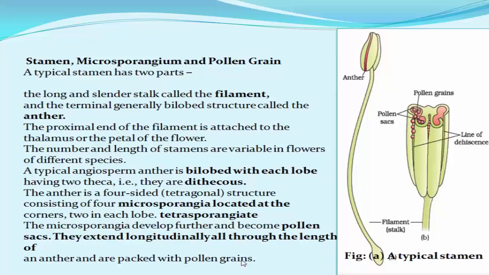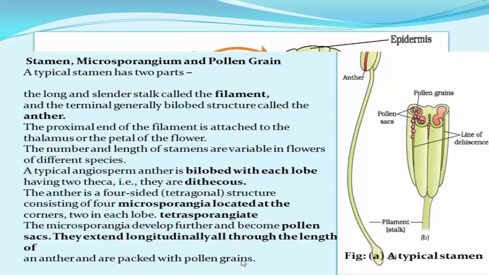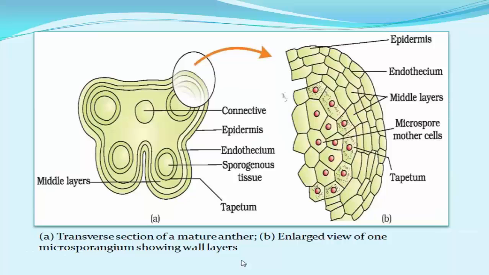So this is about the structure of anther. Here in this diagram you can see the transverse section of anther. Here the microsporangia, this is lobe of the anther. In both the lobes you can see the two microsporangia.